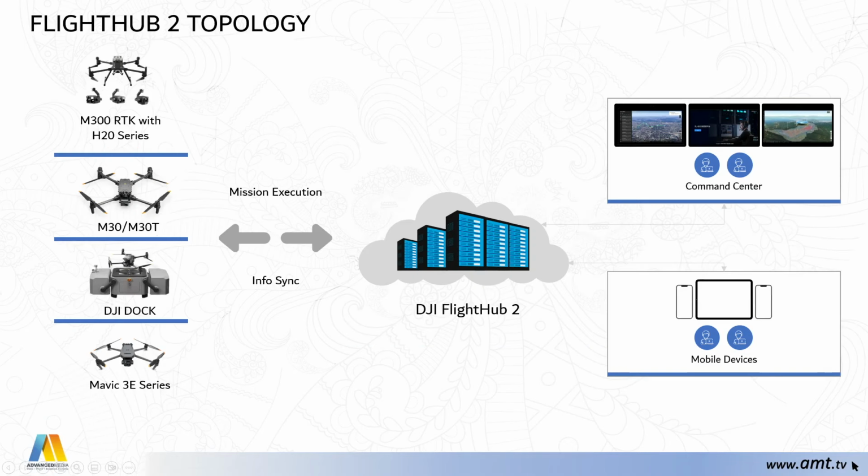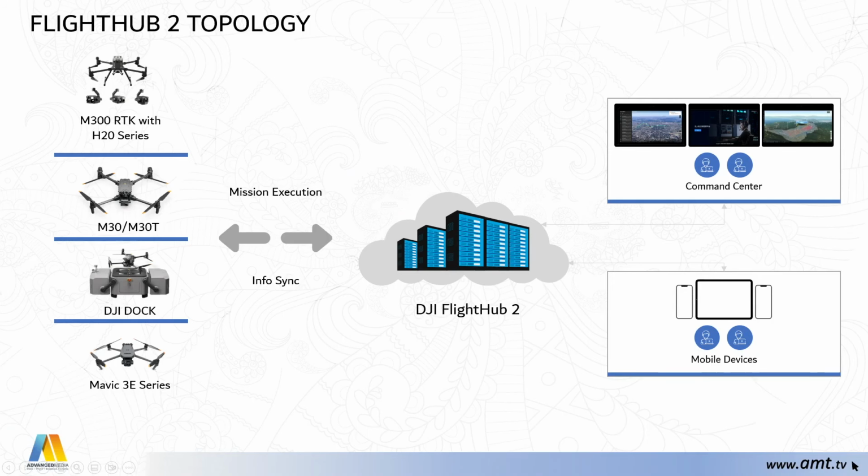I mentioned before the Flight Hub 2. The Flight Hub 2 is a platform with which you can manage your fleet. Imagine you have multiple drones, and you want a platform to manage all of these drones on a single screen.